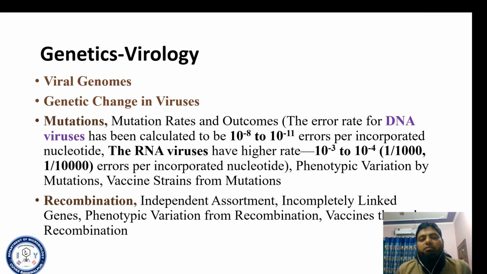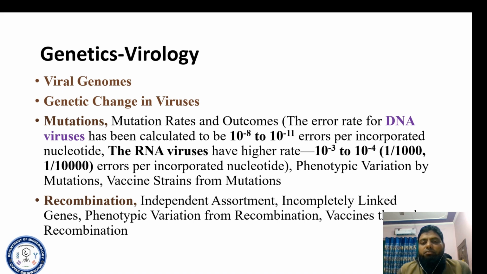However, in case of virology, we are concerned about the viral genome when we consider the concept of genetics in viruses. There is a higher mutation rate in case of RNA viruses as compared to DNA viruses, because the viral genomes are of diverse type, and viruses keep on changing throughout time.